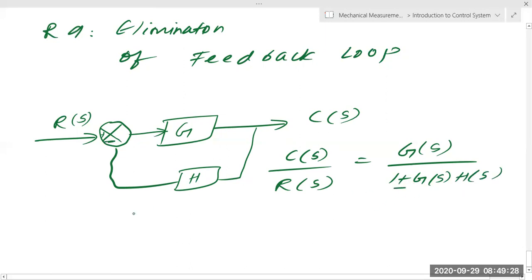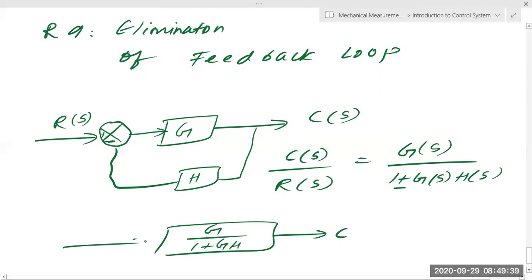I have already told you. So this total block will be converted into G upon 1 plus GH, this will be C, this will be R. This is for negative feedback loop.